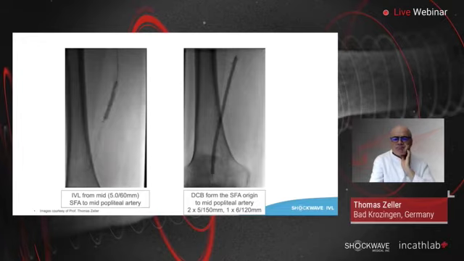And the final outcome can be seen in the following images.